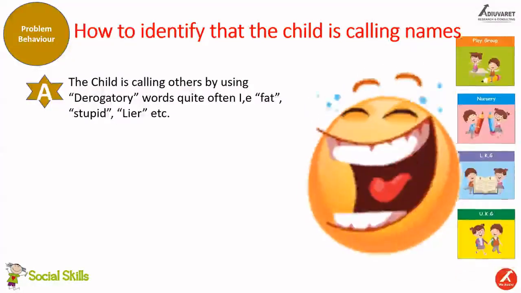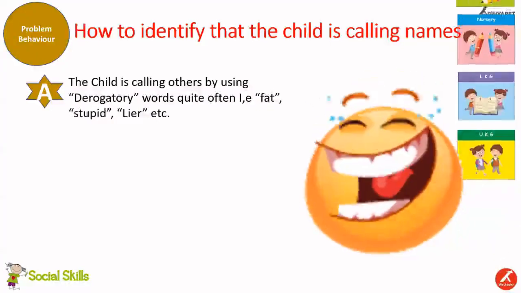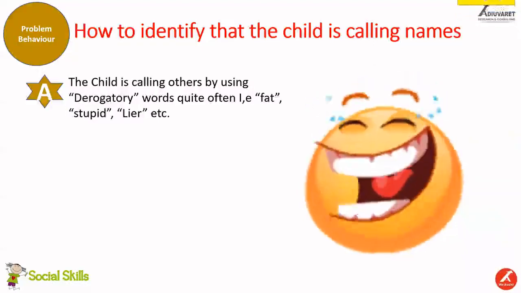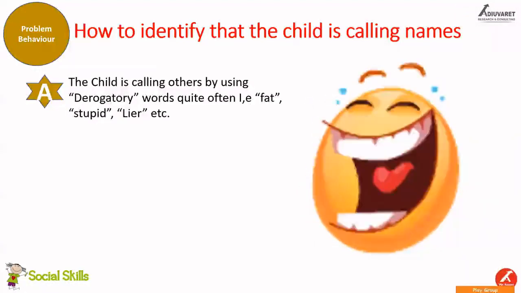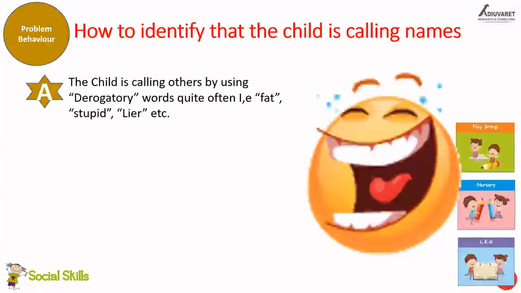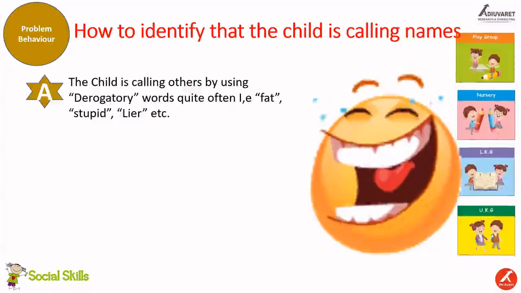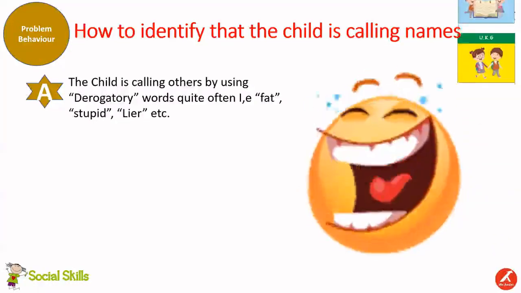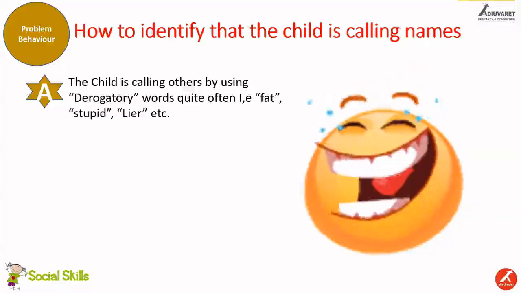For example, if a child is a little bulky or fat and some other children start calling the child fat, then this becomes derogatory. Since it's a negative word, it becomes quite derogatory for the child concerned.